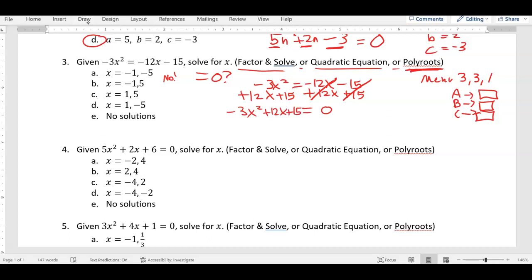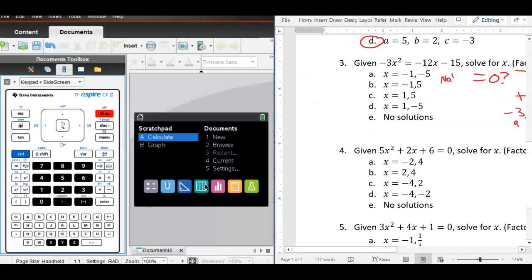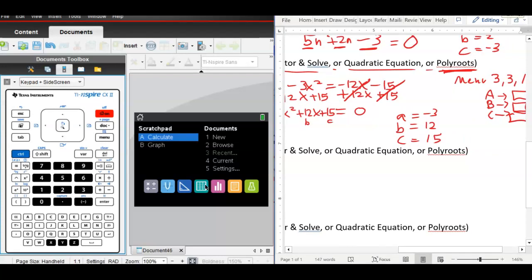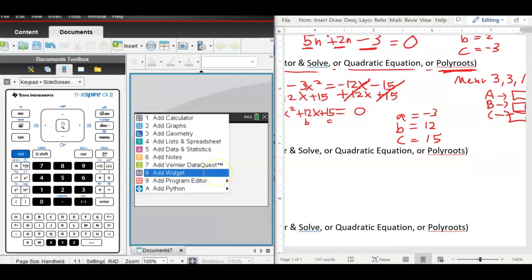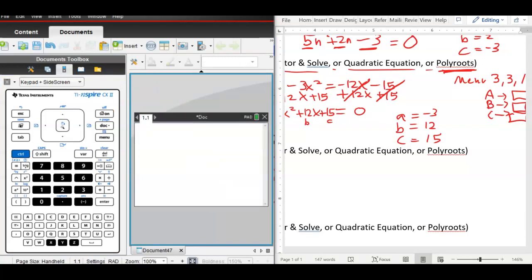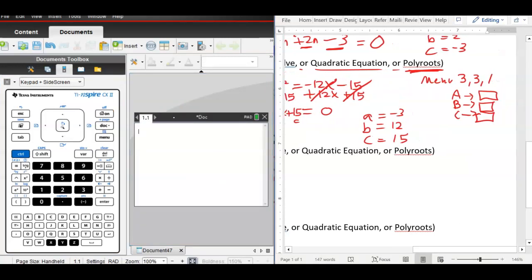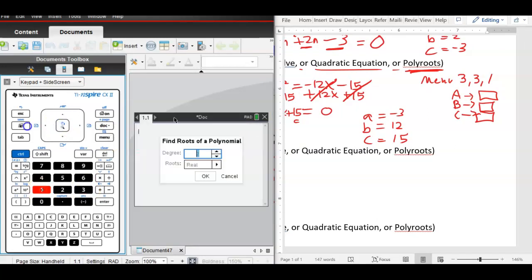All right, so now I have A, I got B, I got C. So A is negative 3, B is 12, C is 15. So we're going to take that to a new document on our calculator. Don't save. Number 1. Remember, it's menu 331 for polyroots.